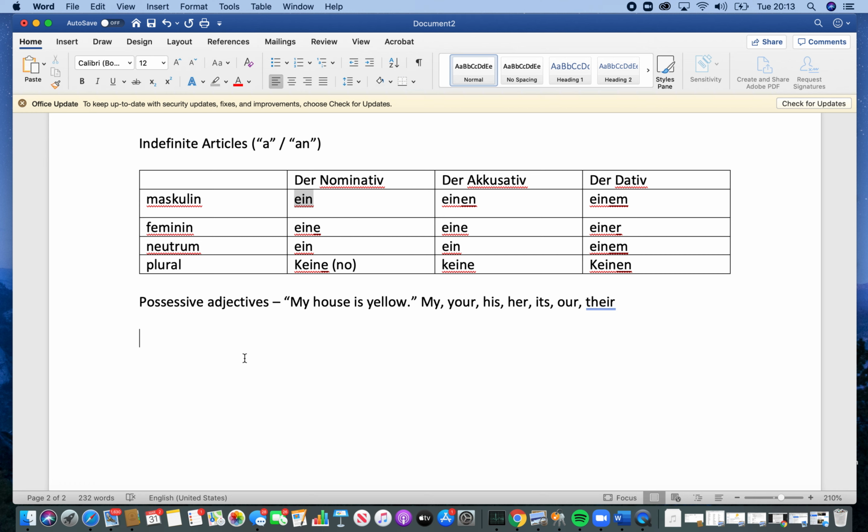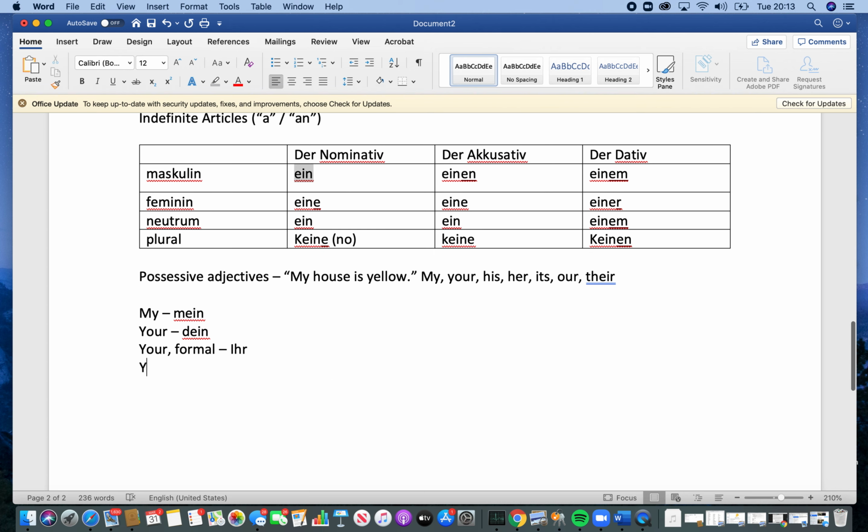So for these we have my would be mein. Your would be dein, or your formal, Ihr. Your plural informal, so y'all's, euer. So, was haben wir denn noch? His, sein, its, auch sein. Her, ihr, and their.